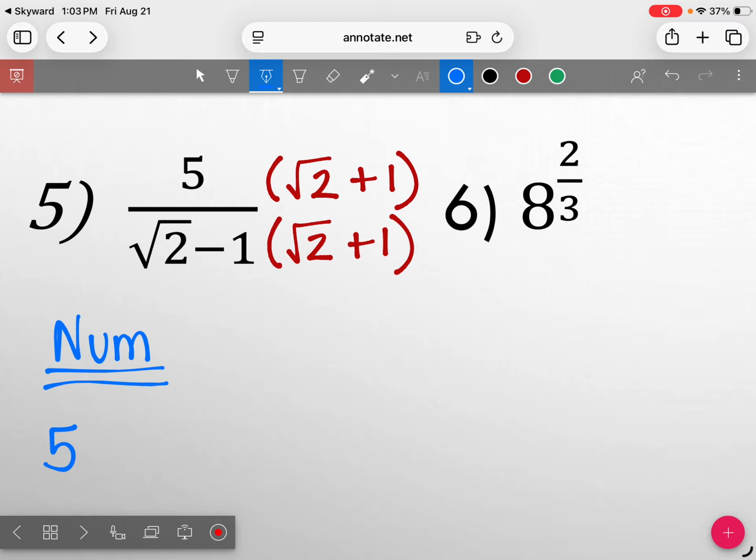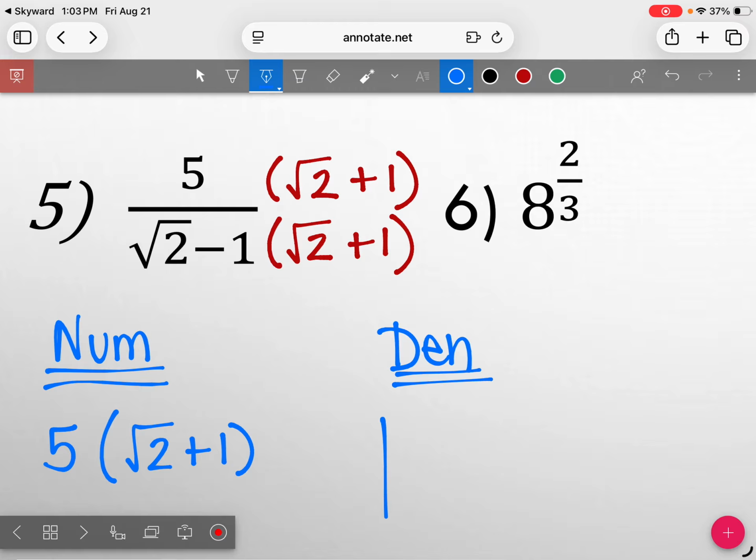We're just taking the 5 times the square root of 2 plus 1. And for my denominator, we have to make a box. I always make boxes, but again, you don't have to.